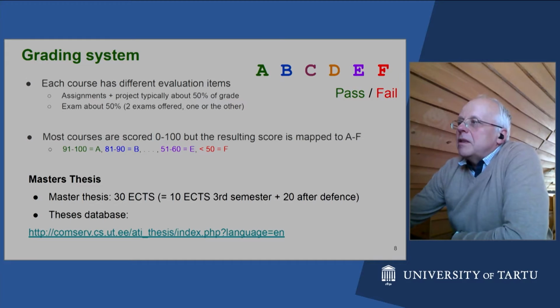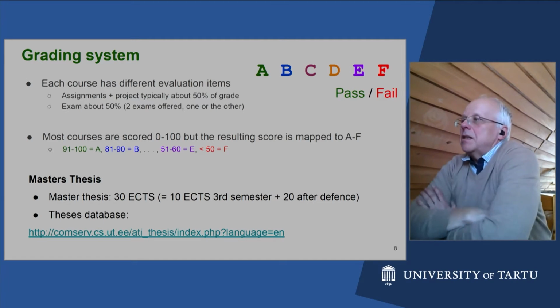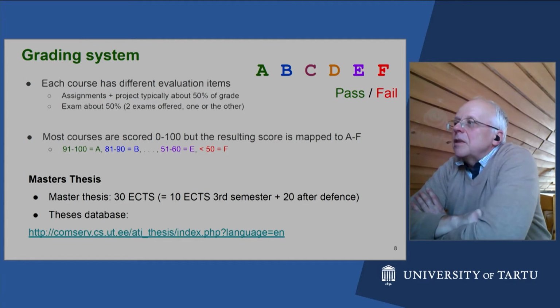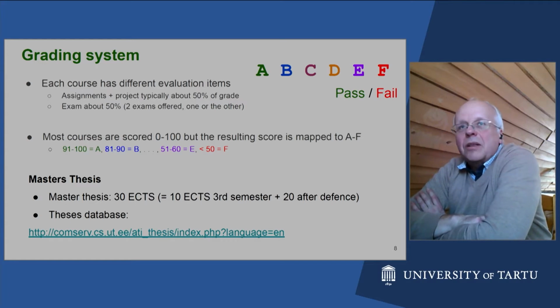The master thesis, as I said, is 30 credits in total, but there is the option to do 10 credits at the end of the third semester. This would make it more flexible for some people who want to take some special course in the last semester.